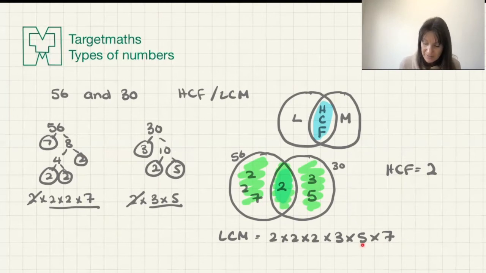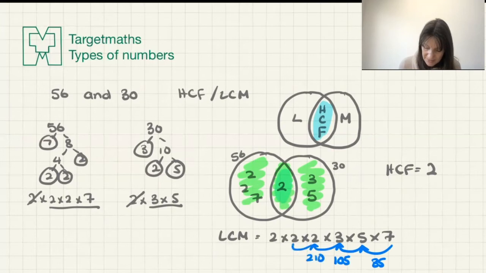So 7 times 5 is 35. 35 times 3, now you might need to jot this down or you can work it in your head, is 105. So here to here, I had 35. Times that by 3, and I'm now at 105. I need to double that, which is going to give me 210.